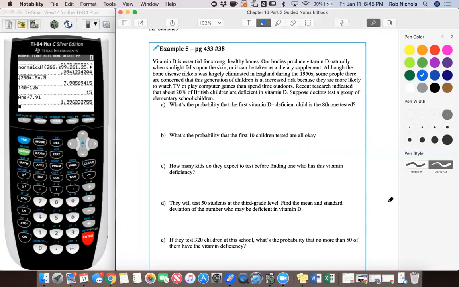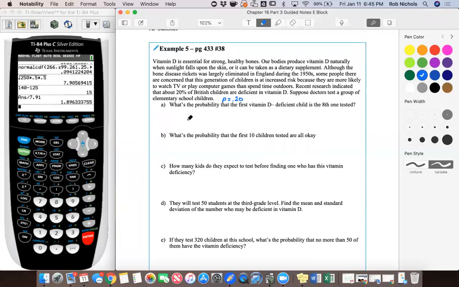Recent research indicated that about 20% of British children are deficient in vitamin D. Suppose doctors test a group of elementary school children. All right, so from this entire paragraph, I get the probability someone has vitamin deficiency is 0.20.